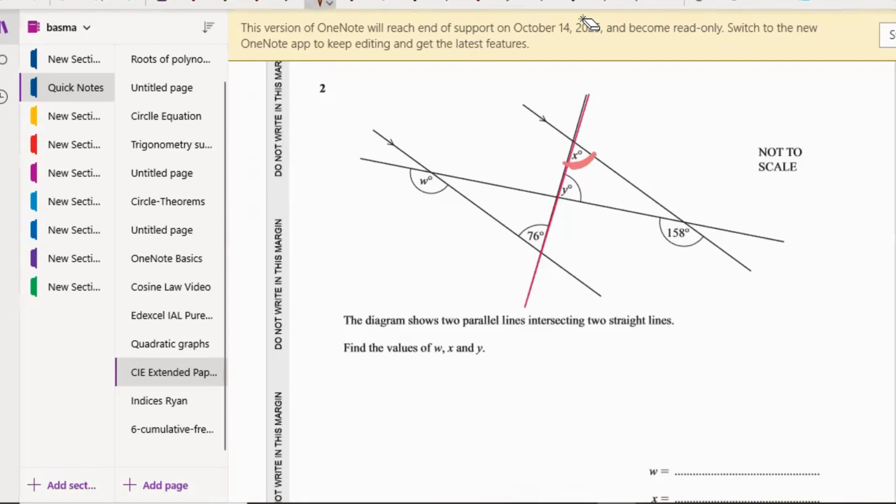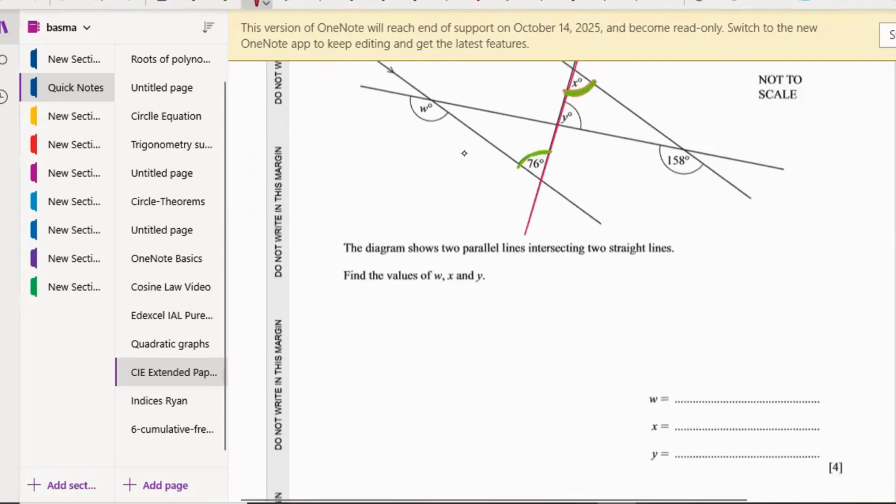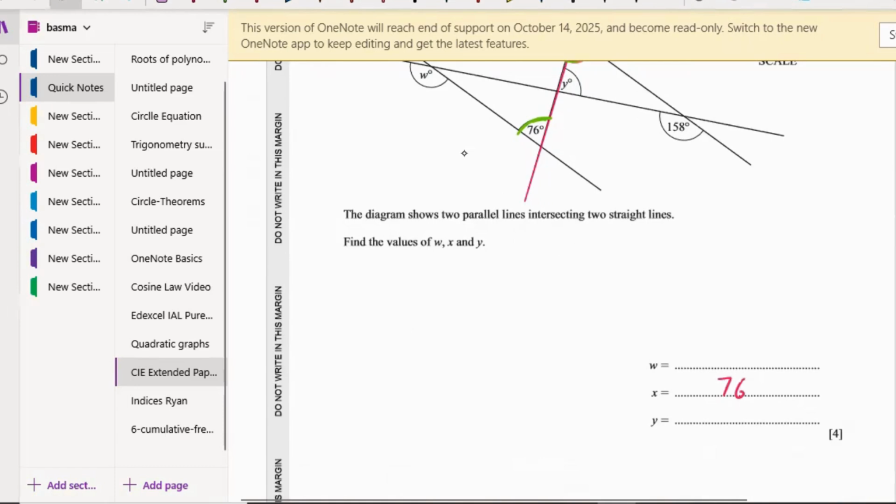If I mark it with green, this x and this 76, they both are inside the two parallel lines but on the opposite sides of the transversal line, so you will call them alternate interior angles. Alternate interior angles are equal, so x will be 76 degrees.